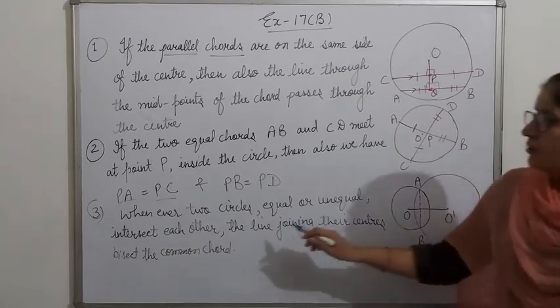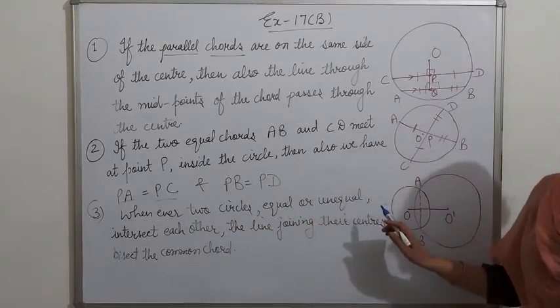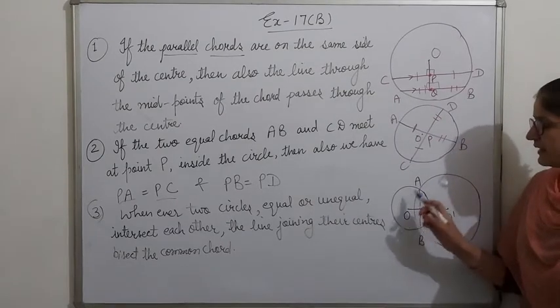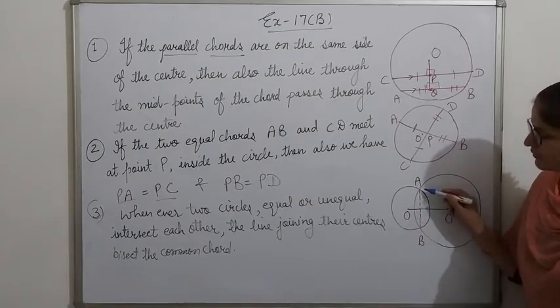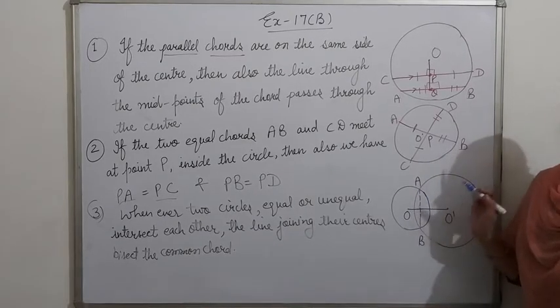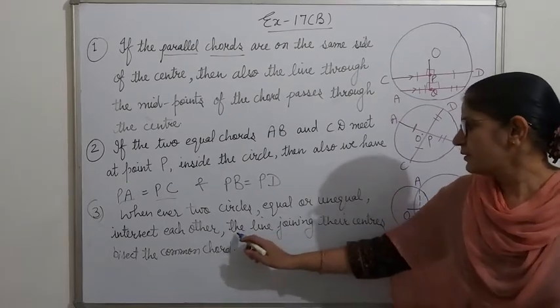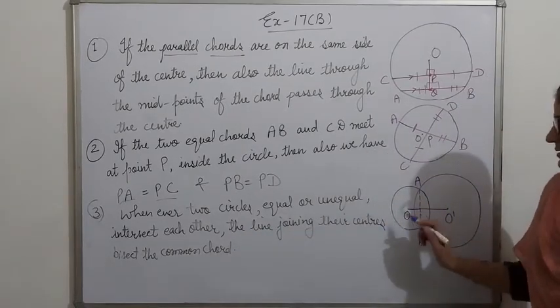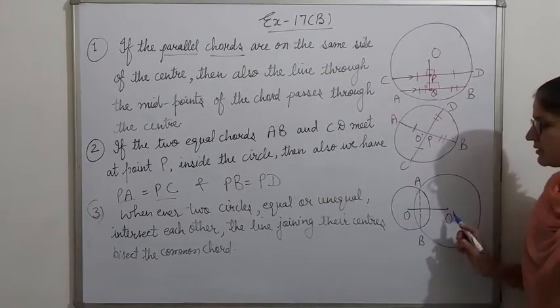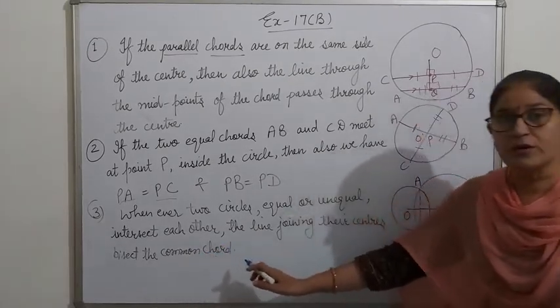Now the third one. Whenever two circles, equal or unequal, intersect each other, we get a common chord. In both conditions, if we join their centers, O and O dash, this line bisects the common chord.